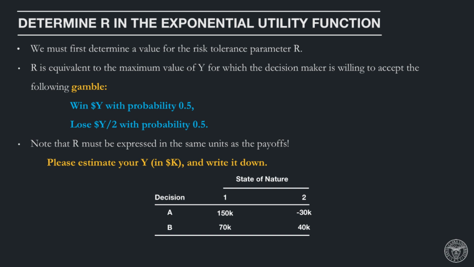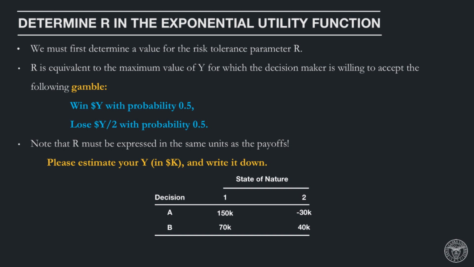And we are going to increase the value of Y from 0, 1, 2, 10, 20, 30, 100, 200, like that. You want to keep increasing from 0 until at some point you are indifferent of these two choices. I mean, winning Y with 0.5 or losing half of the Y with 0.5.